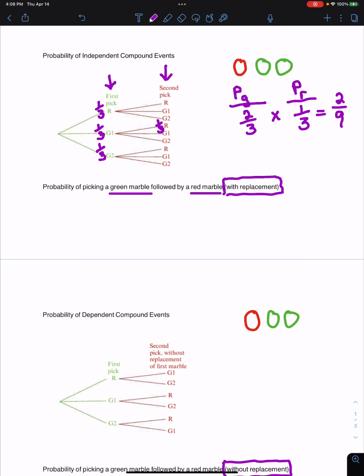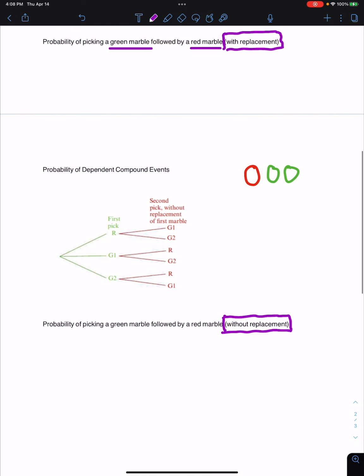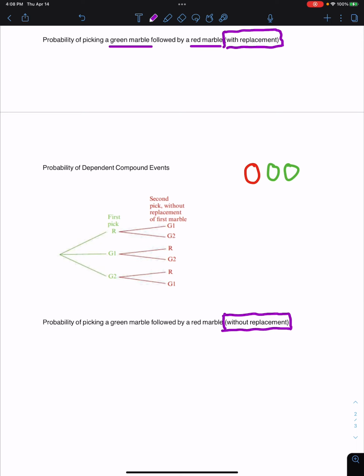Let's see how that's different for our dependent compound events. Again, we want to see the probability of first picking a green marble followed by a red marble. So we need the probability of picking a green marble and then the probability of picking a red marble, and we're going to multiply them together.